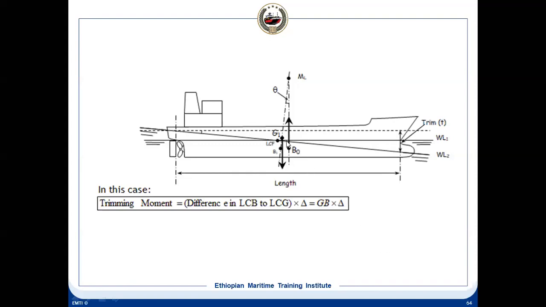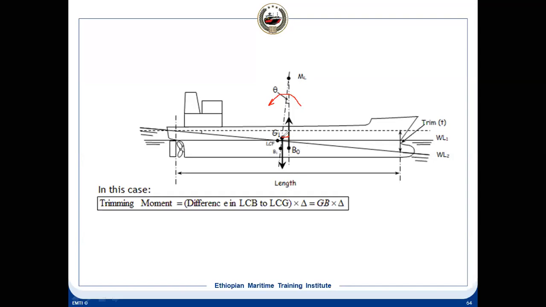Then in this case, this is the perpendicular distance between these, and there will be a couple created. Now G cannot shift. So because of that, the vessel will trim in this direction because of this couple.